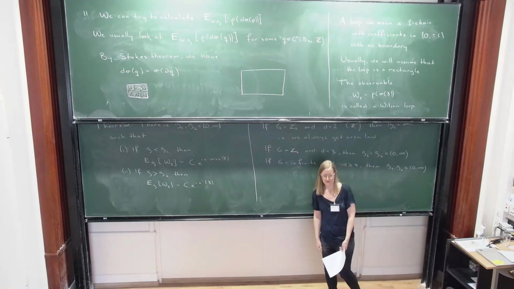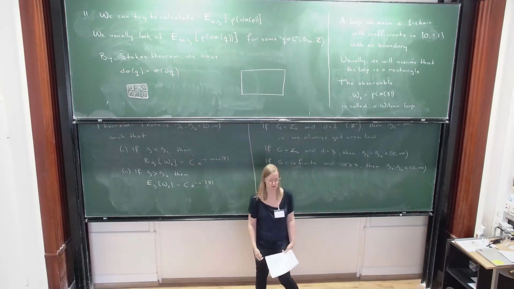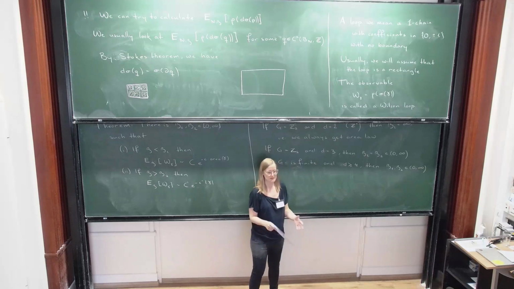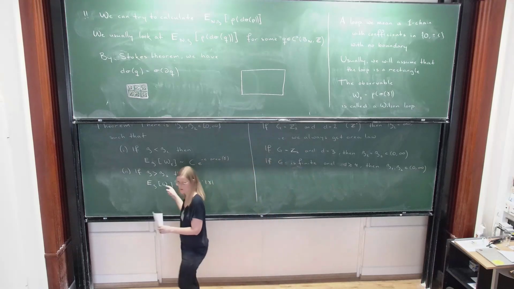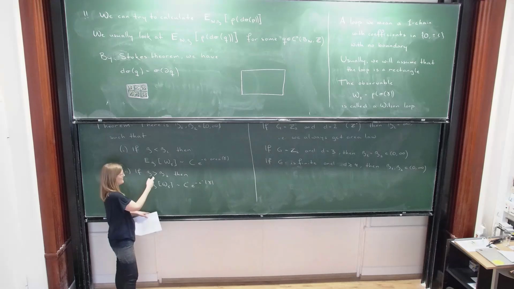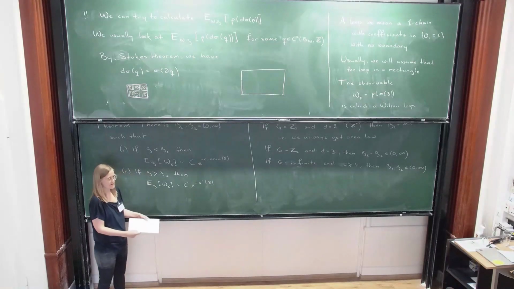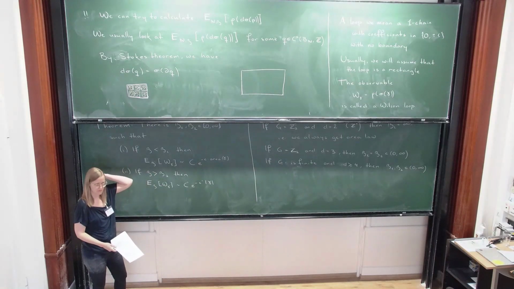It's believed that they are the same, but it's not known even for Z2 that they are. So there might, in principle, be a third phase or like 10 different phases for this observable somewhere between area law and perimeter law, but it's not known.